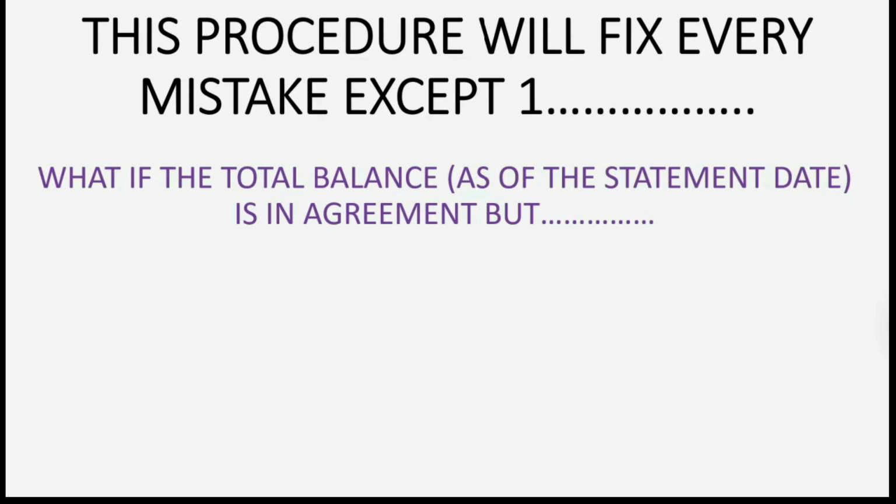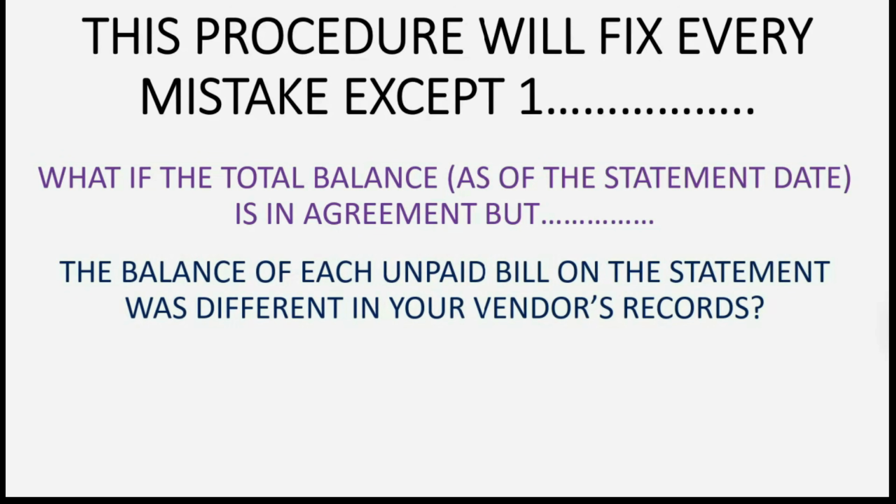Now, this procedure is great, and it will fix every mistake except one very special mistake that we need to focus on. What if the total balance as of the statement date agrees with your records regarding what the balance shows in the vendor statement, but the balance of each individual unpaid bill on the statement is different than the balance of each individual unpaid bill on your unpaid bill report?